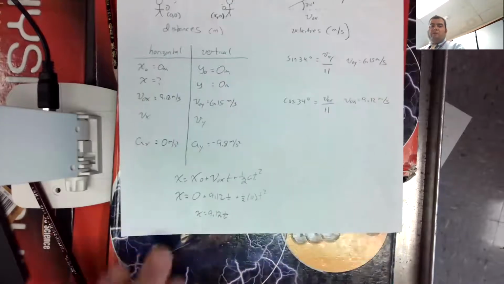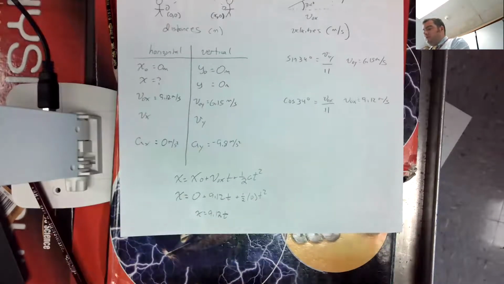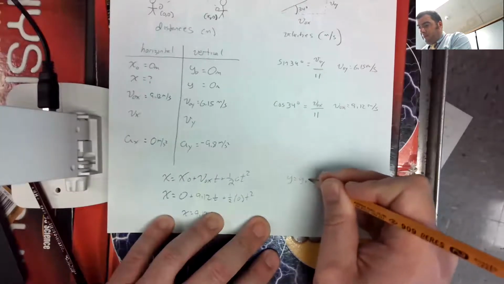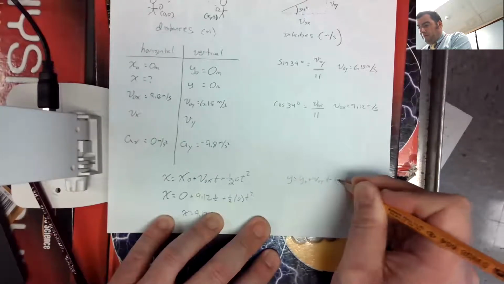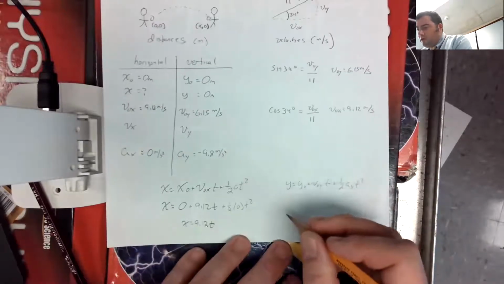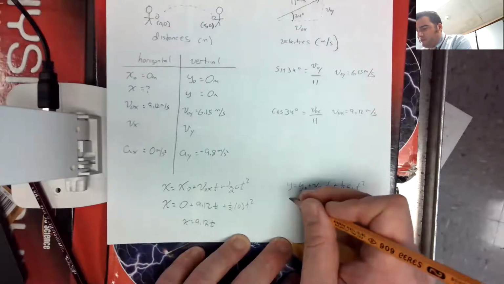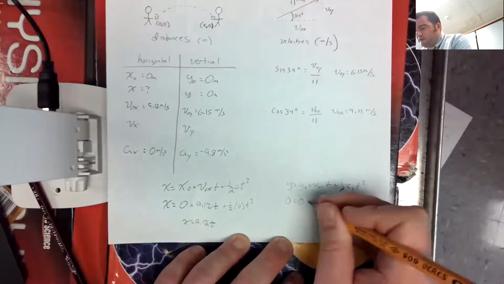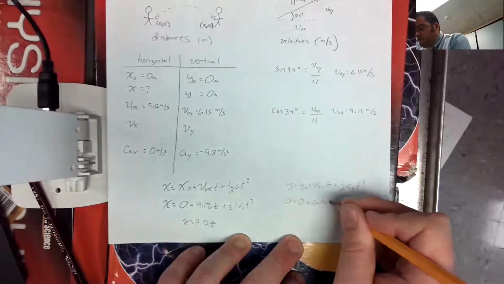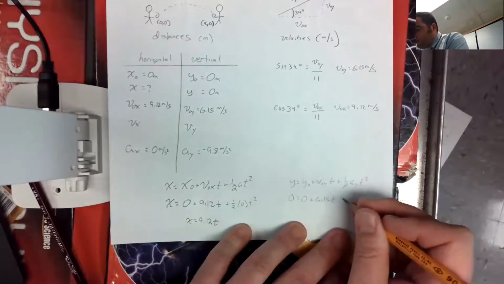All right, so we're stuck there. So now it's time to do our vertical. So the fact that these are both 0 for our positions is really nice because we're starting to fill into what looks a lot like a quadratic equation. It's got a t and a t squared in it.